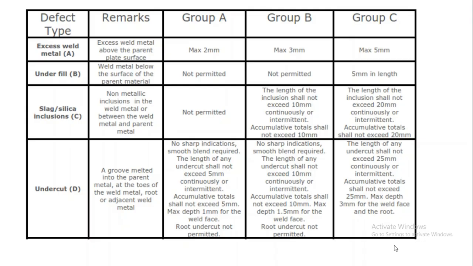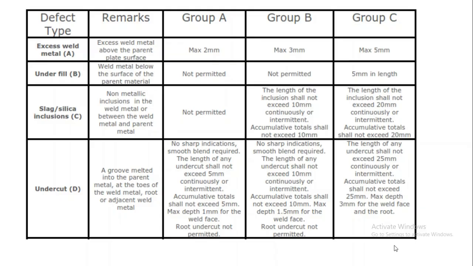For intermittent slag inclusion with gaps, you have to measure the length of each slag inclusion and add them up. That accumulated total should not go beyond 20 mm in group C.